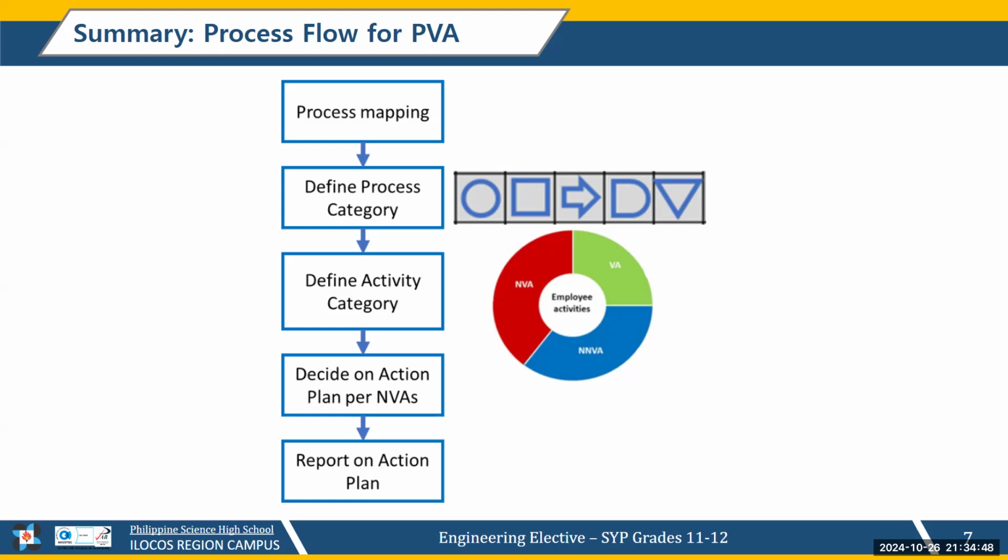Or use the concept of concurrency or parallel operations? And then lastly, we are going to report on an action plan to see what improved in the current process and what is our recommendation so that we can improve further the efficiency of the process and the cycle time.